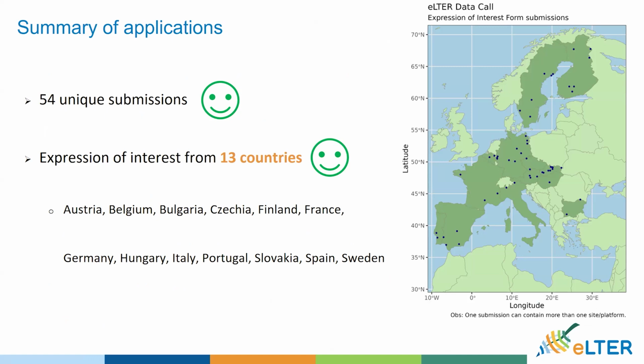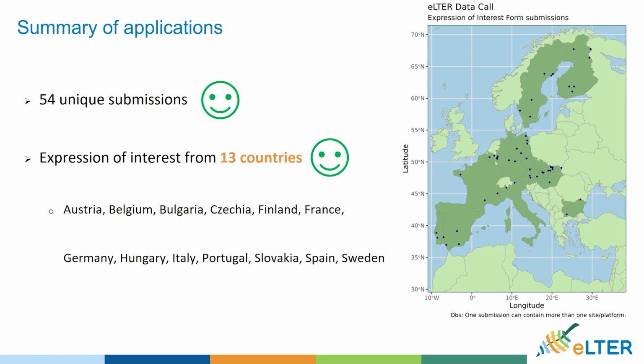So first of all, I just want to give you all a brief overview of the applications, the expressions of interest, that we got from this data call. So we got 54 unique submissions, which I think is great. We were quite happy about it. And these are from 13 different countries. They are in the dark green color that you can see on the map.